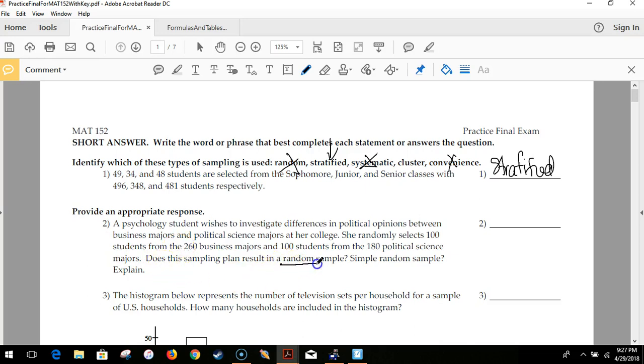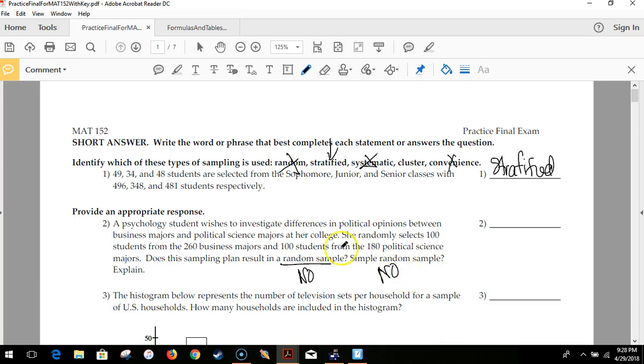Question 1. Is this a random sample? No, for the same reason that it wasn't a random sample for number 1. I had two groups. I had a group of poli-sci majors, I had a group of business majors. So no, it cannot be a random sample. If you're not a random sample, you can't be a simple random sample.